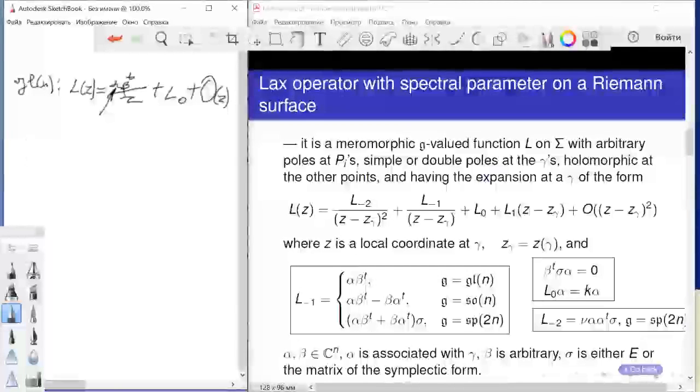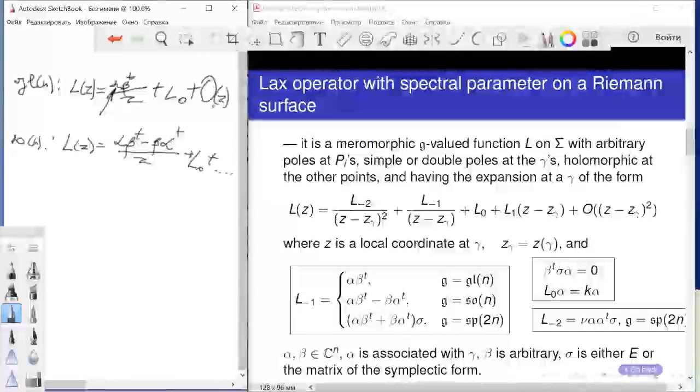So for SON, the expansion is as follows: L of z is equal to alpha beta t minus beta alpha t over z plus L0 plus also something of order z.